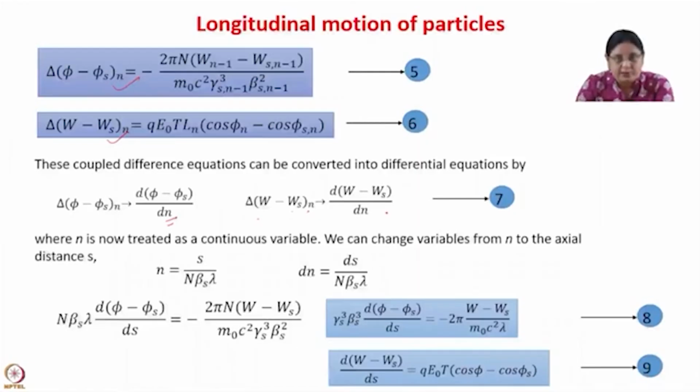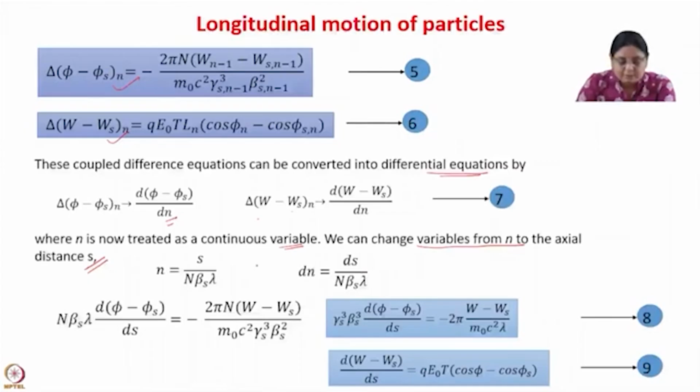So n was earlier discrete. Now when we want to convert this into a differential equation, we treat it as a continuous variable in s. So we can change the variable from n to the actual distance s. So n can be written as s by the cell length, n beta s lambda, or half of the cell length.